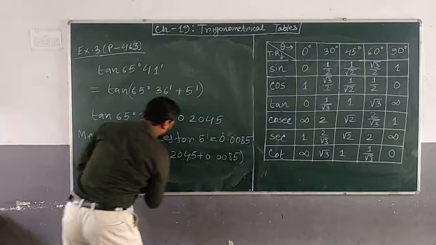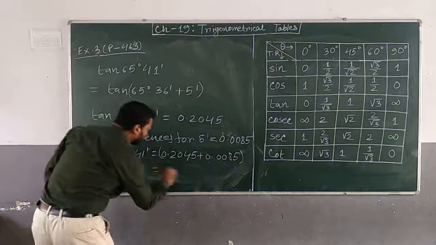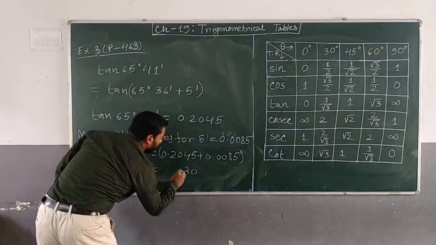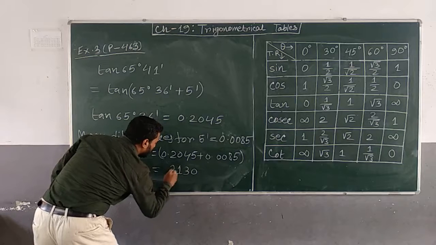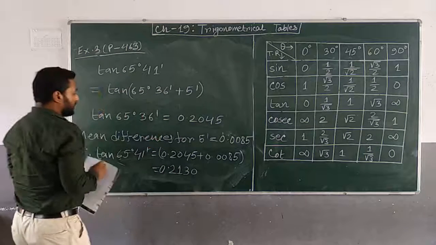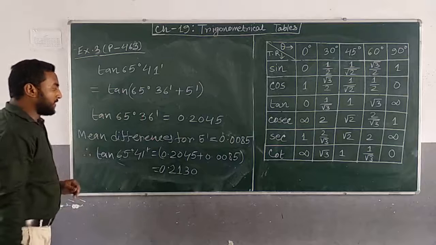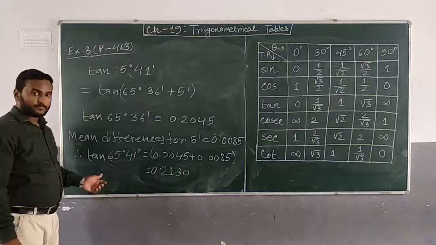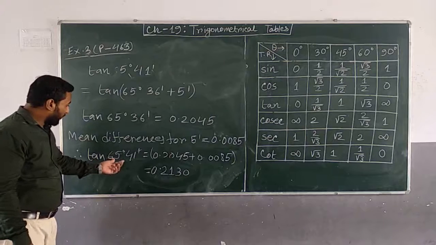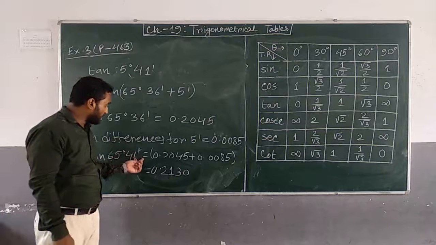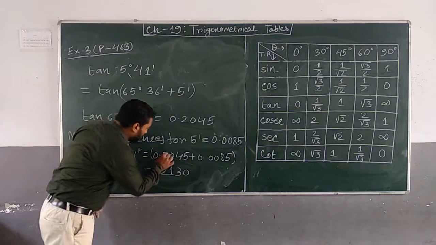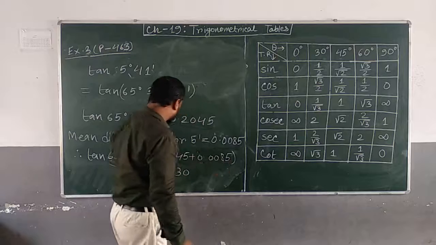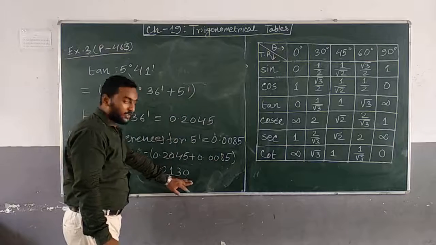If you add this, what you will get? 0.2130. So the value of tan 65 degree 41 minutes equals 0.2045 plus 0.0085, that is equal to 0.2130.